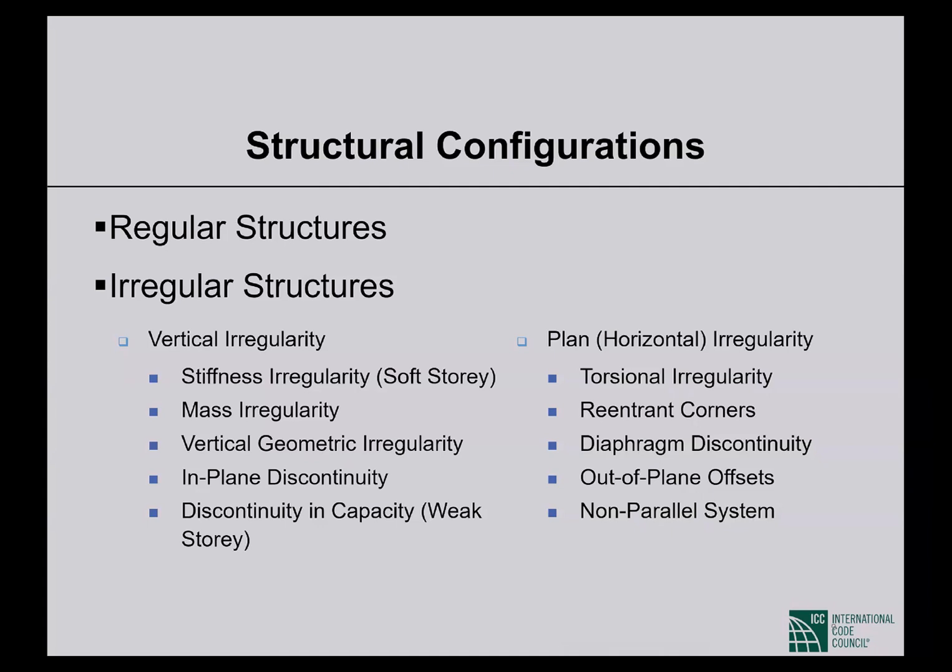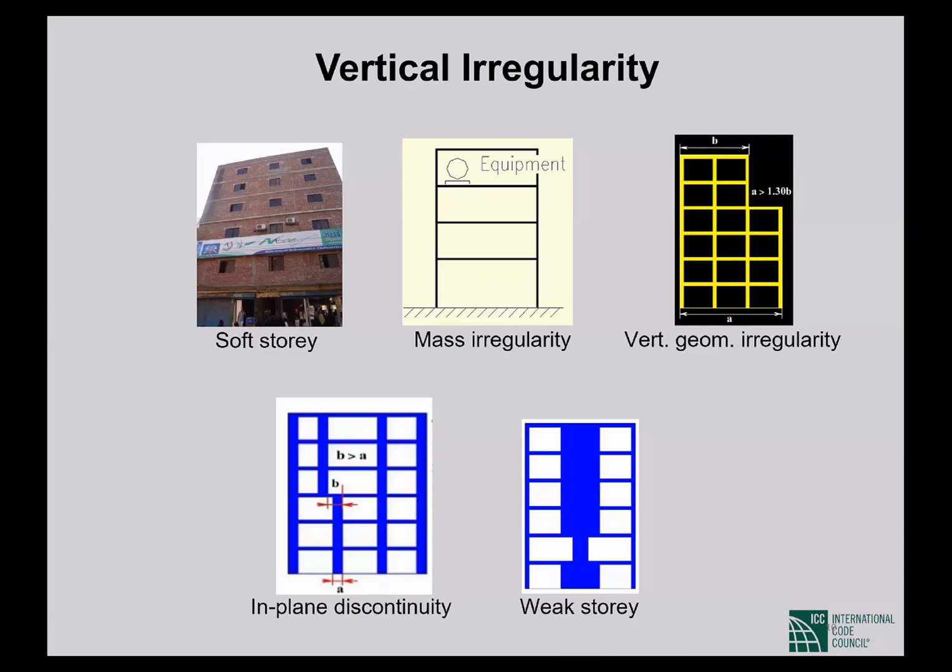Now, let's see what the vertical irregularities are. There may be five types of vertical irregularities. One is soft story. We quite often hear this term, soft story. Now, what is a soft story?